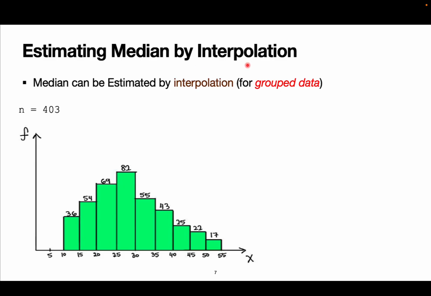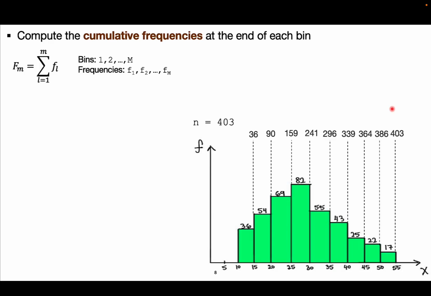Very often, we are presented with a histogram that summarizes the intervals and their frequencies, and we want to use this information to estimate the median. As a first step, I need to identify the bin where the median value is located. We already know that there are 403 samples and the median location is the 202nd, but where is 202 inside this histogram?